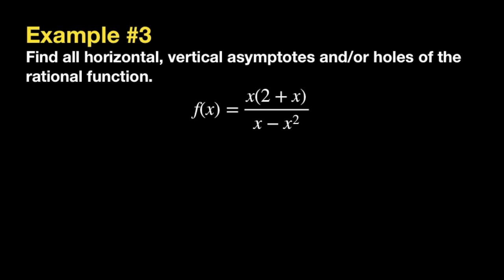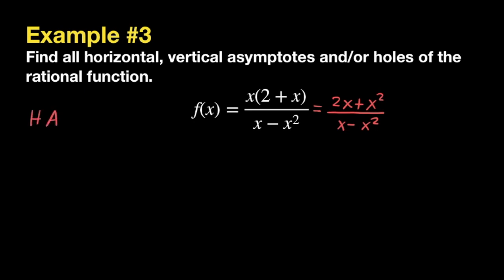So we're going to rewrite this so you can see it first for the horizontal. So you have 2x plus x to the second divided by x minus x to the second. The leading coefficient is not going to be the one in the front, but the one with the highest degree. So we're going to divide.